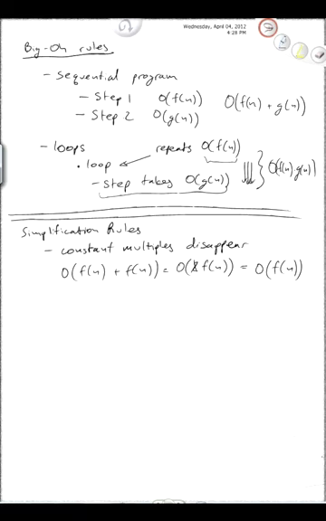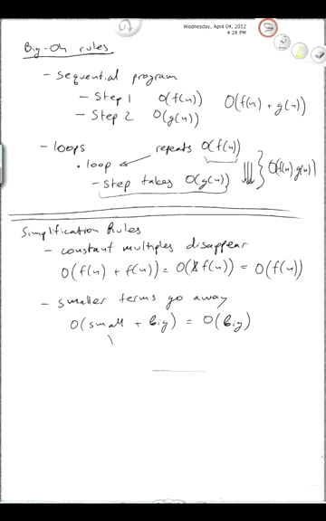So the second simplification rule is that smaller terms go away. So here's what I mean by that. If I have O of small plus big, then that's just going to be equal to O of big.